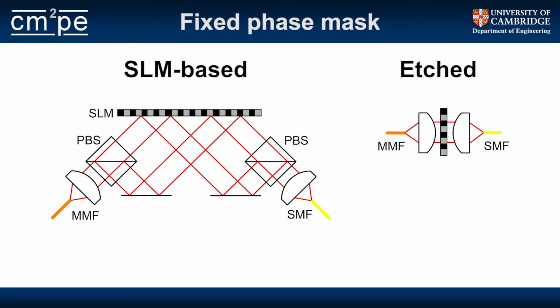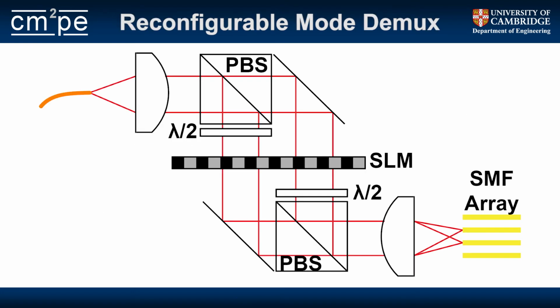From a practical standpoint, it's also useful. So for instance, here's my reconfigurable mode demux, which I'll be talking more about on Thursday. You don't have to know too much about how it works just yet. You can just see there's two polarizing beam splitters and two mirrors, and they have to be accurately aligned and stuck into the metalwork such that they can hit the 10 micron output fiber.